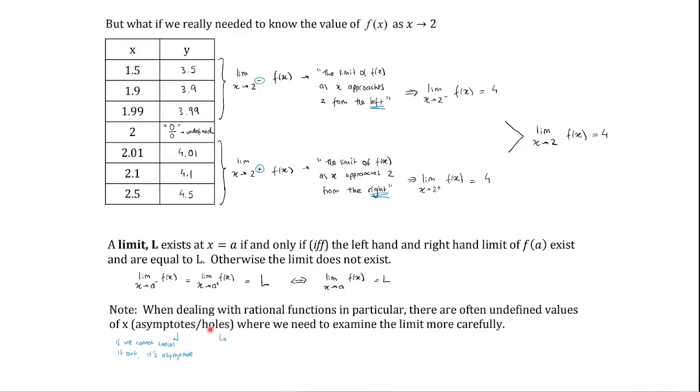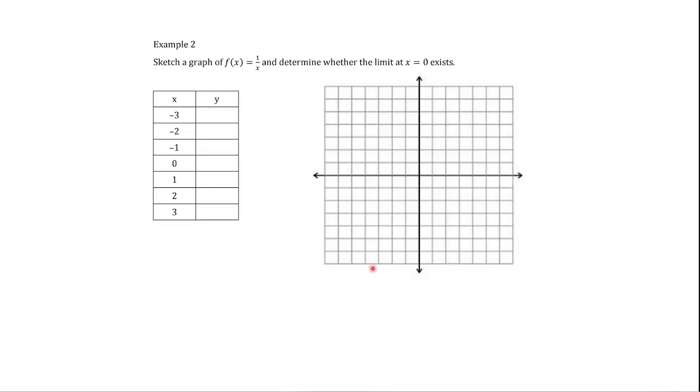And I'm saying cancel in quotation marks because we're not really canceling it, right? But if we can cancel it out, then it's a hole. Okay, let's take a look at a couple of examples here.